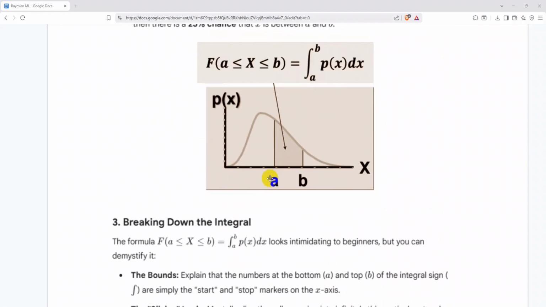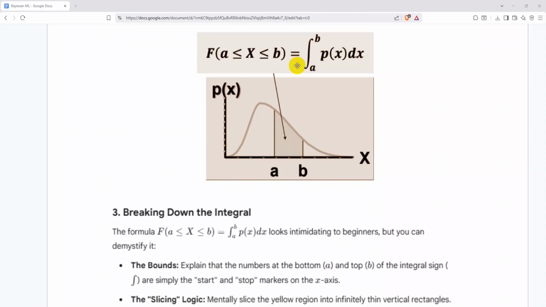At first glance, it looks very complex, but it's actually very intuitive. The A and B at the bottom and the top are the starting and ending point on the axis. So we're simply saying collect all density from A to B. But how do we collect it? Imagine breaking that region into infinitely thin vertical slices.